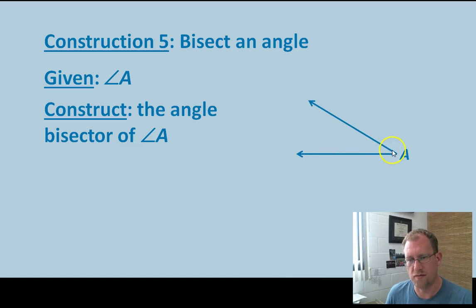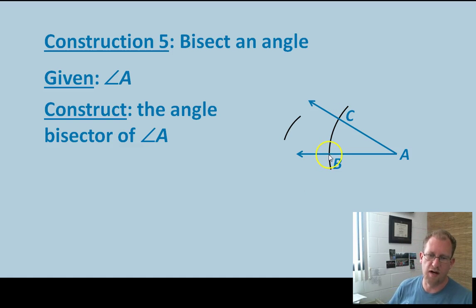You start with an angle, and you're going to put the needle of the compass here, and you're going to make a hash mark across both of the rays of this angle at the same distance, okay? It doesn't matter how big that hash mark is, but we're going to create now 2 points of intersection, point B and point C, where that arc cuts across those rays, okay?